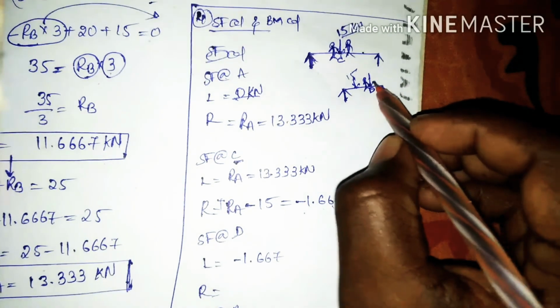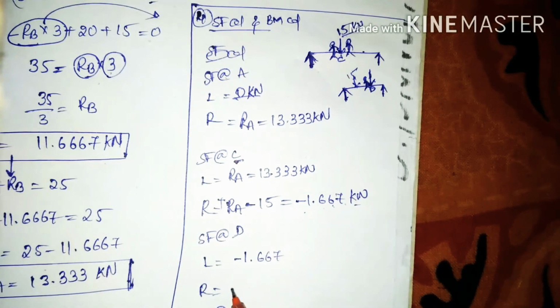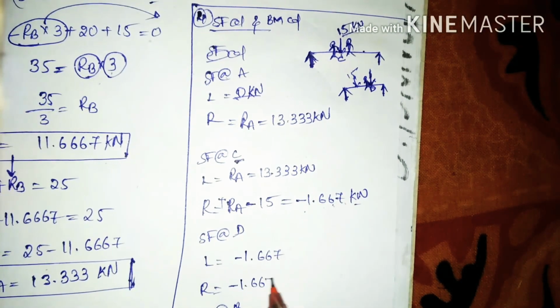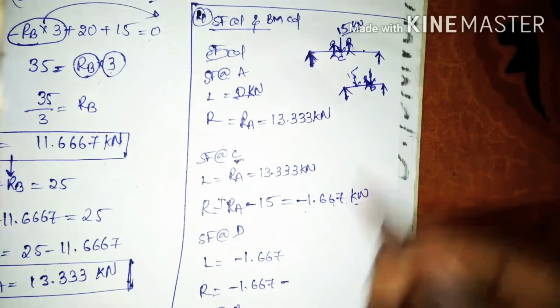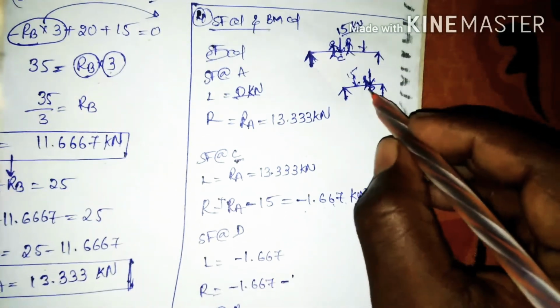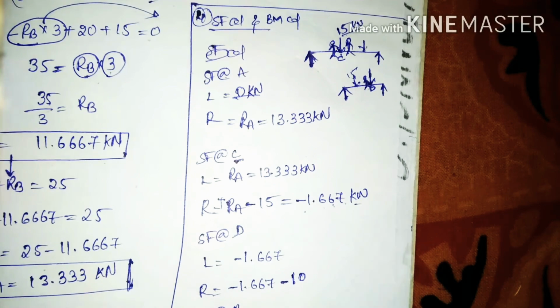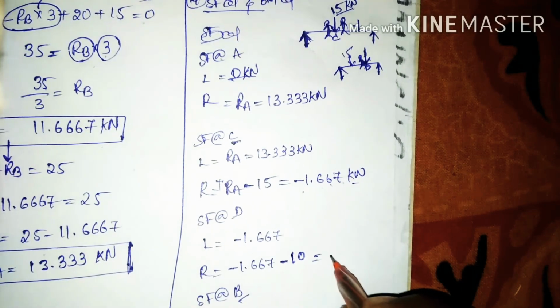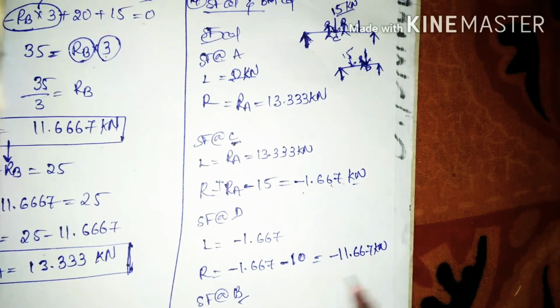After the right, the load is included in this equation, so minus 1.667 and minus of 10, because it is in the downward direction, so it is negative. That is going to be minus 11.667 kilonewtons.